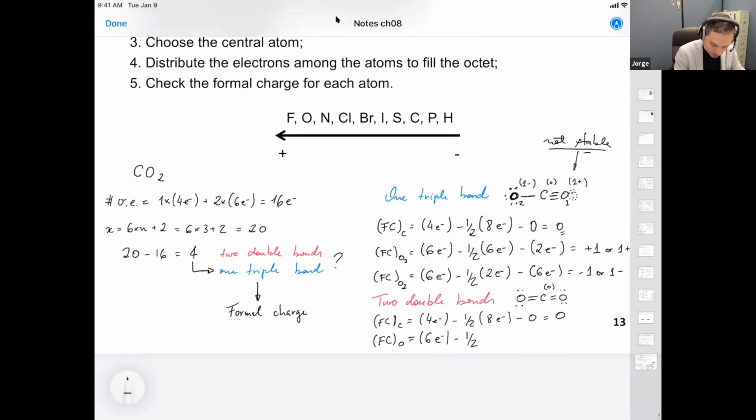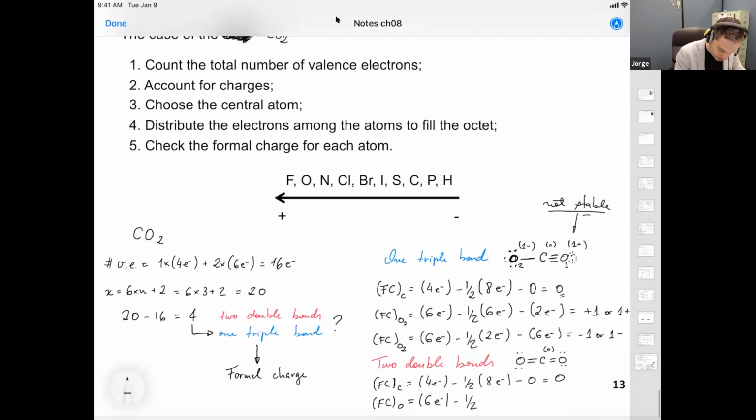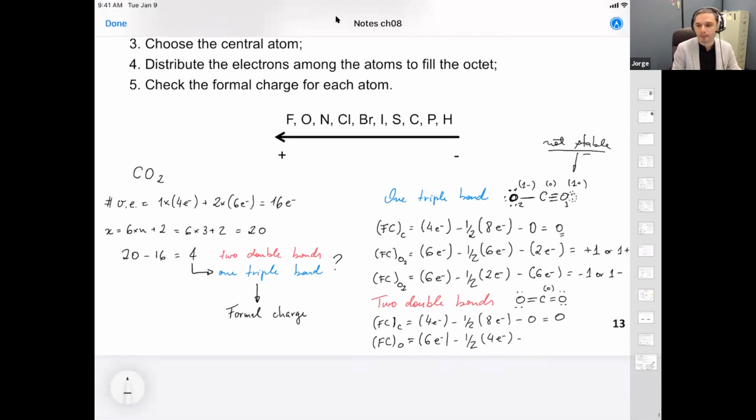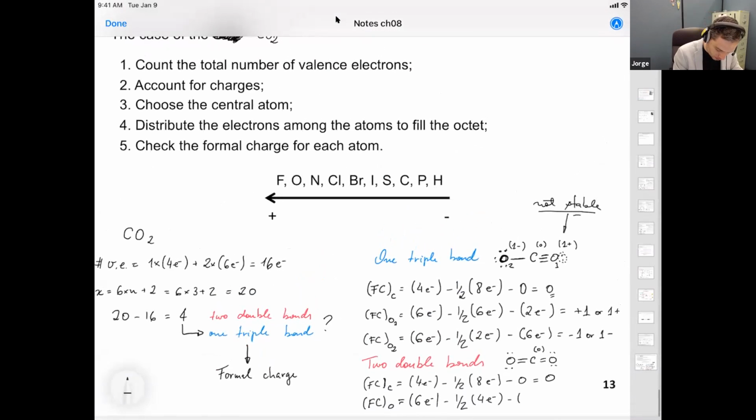For each carbon-oxygen bond, we have 4 bonding electrons. Minus the number of non-bonding electrons for the oxygen atom, which is 4 as well. 6 minus 2 is 4, minus 4 is 0. Therefore, now the formal charge for both oxygens is 0.